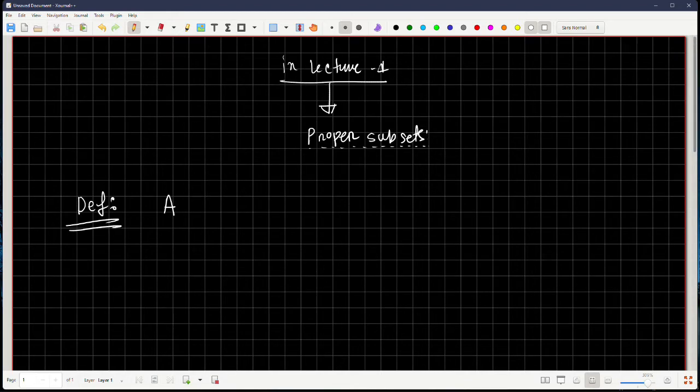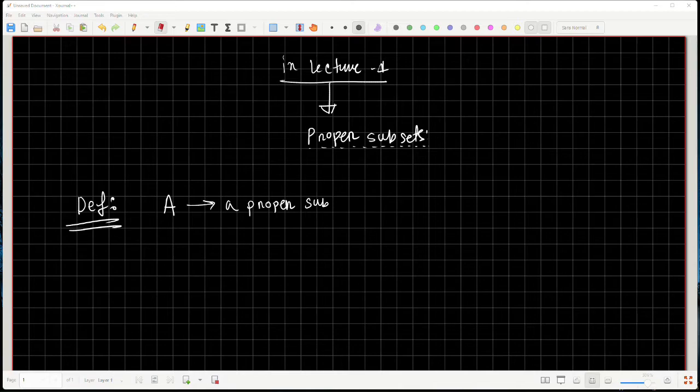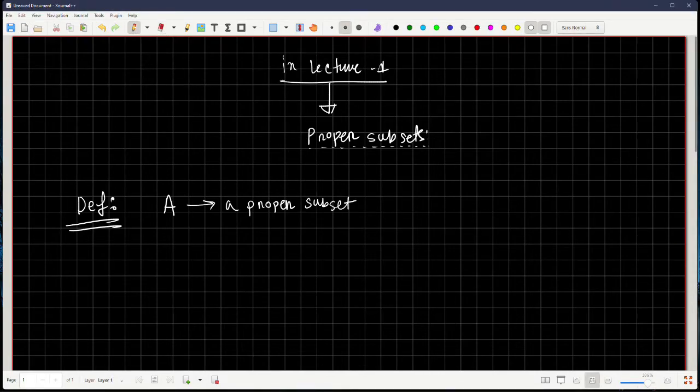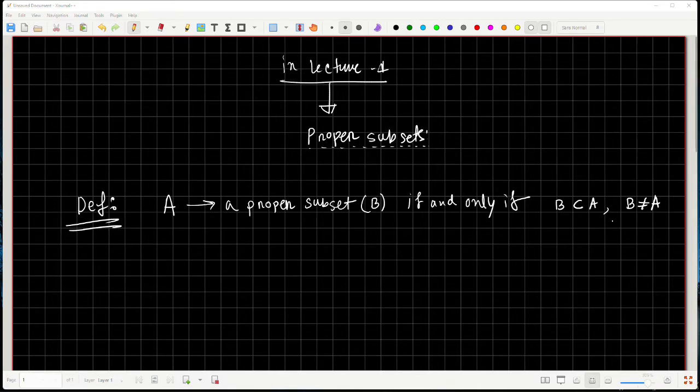Let's say you have a set A, and a proper subset, let's call that proper subset B. This B will be called a proper subset of A if and only if B has to be a subset of A first, and then B is not equal to A.